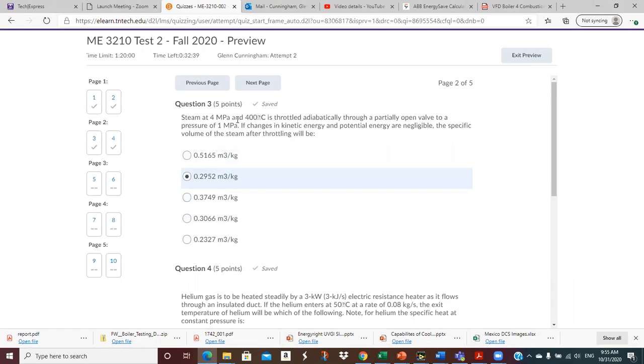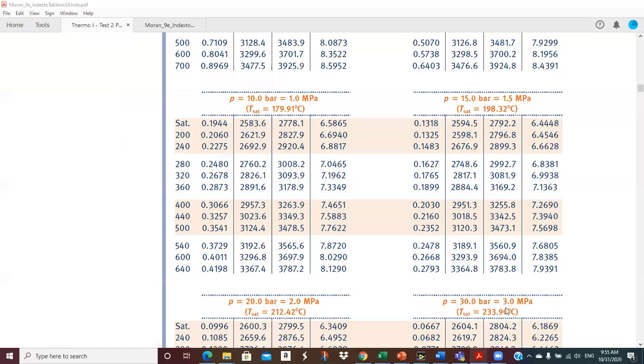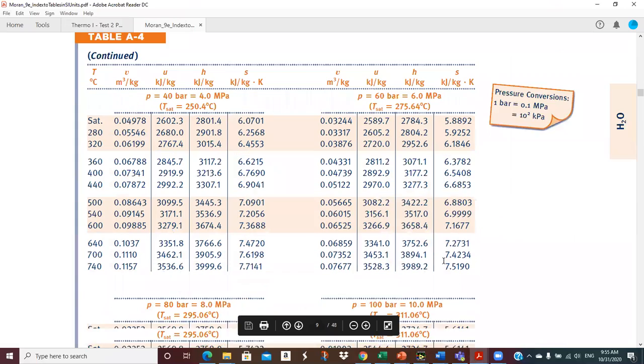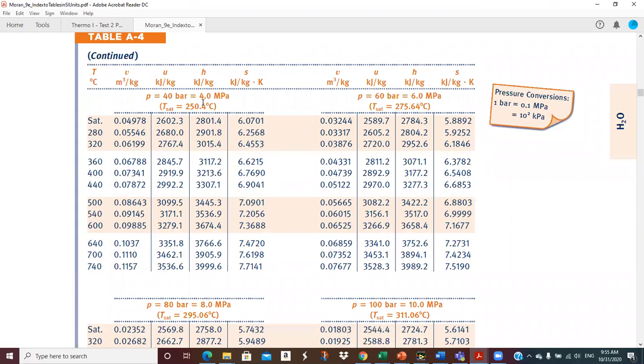I'm at 4 MPa and 400, and I'm going to 1 MPa. So let's call up the tables here, 4 MPa, and here's 400, and there's my enthalpy, 3213.6. So the enthalpy is not going to change as I go to the lower pressure.